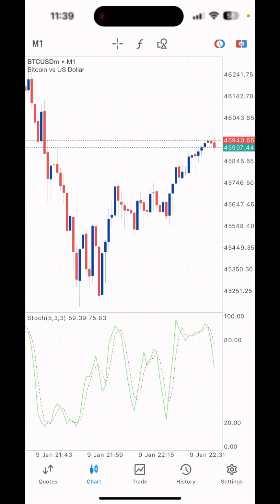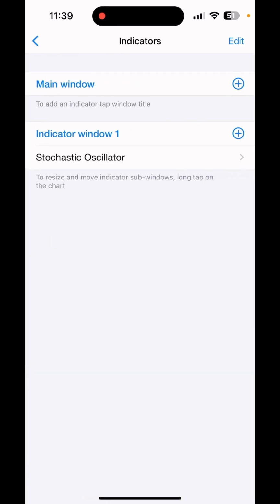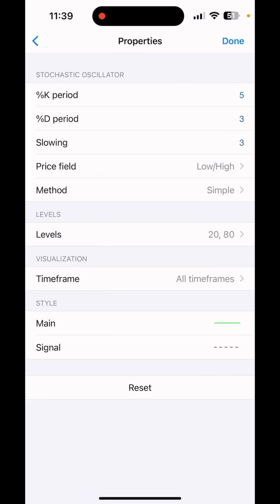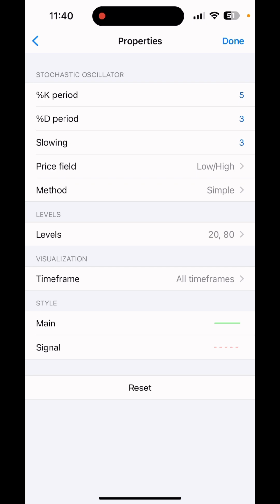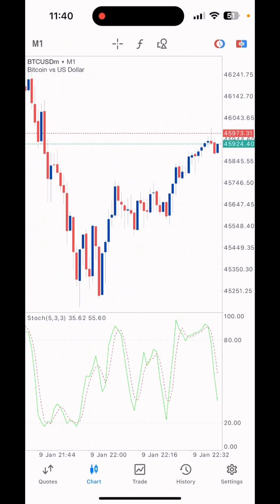Now let me see something. Let's go back to the oscillator. Let's leave everything the way it is. It's fine the way it is. All right, let's go back.